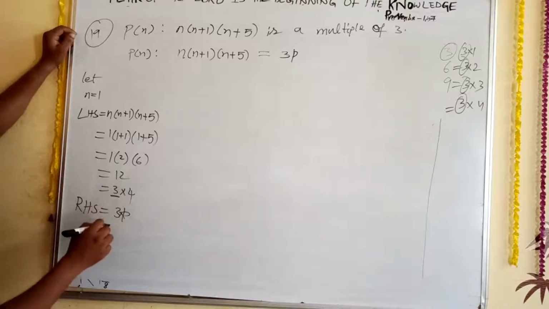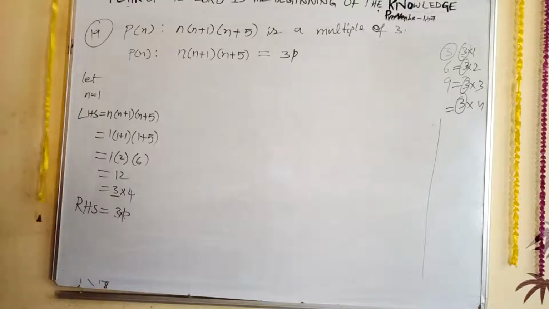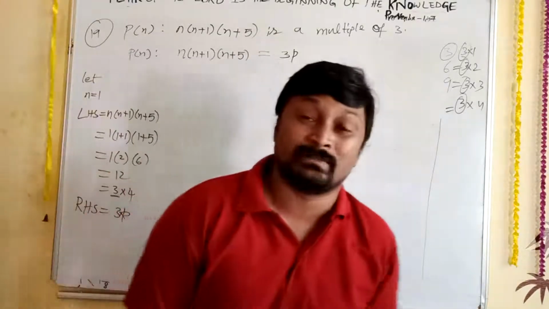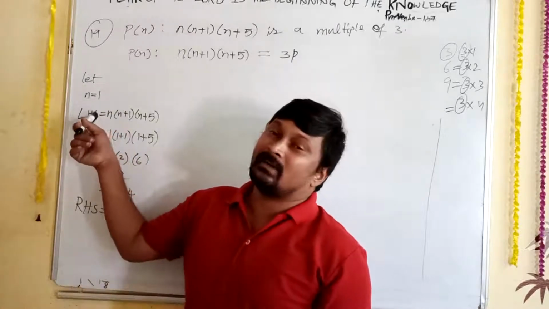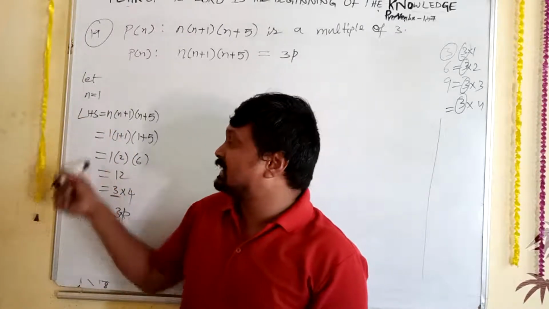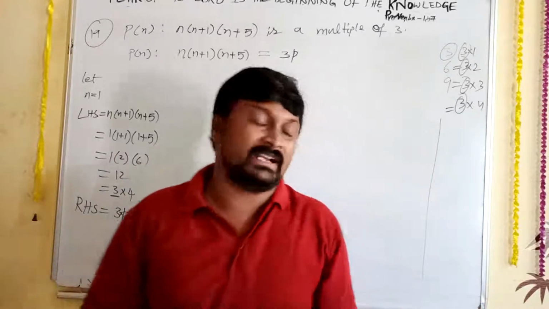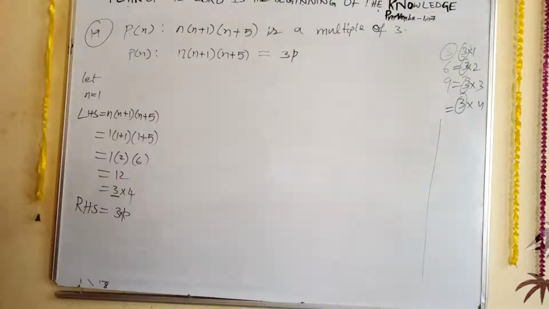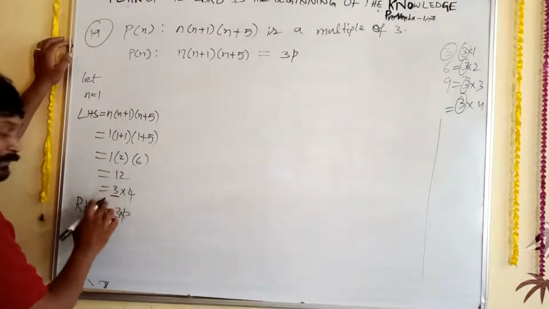Here we cannot substitute anything on the right side, but we need to check whether these are multiples of 3 or not. Previously you checked that LHS must be equal to RHS, but in this case, P of 1 means it is just a multiple that is required. So we substitute 1 and check whether it is a multiple of 3 or not.